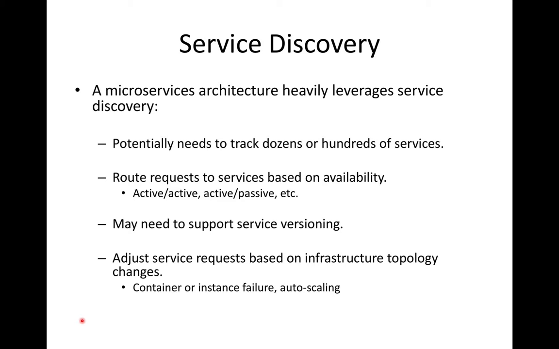And then finally, you might need to adjust service requests based upon topology changes in your infrastructure environment. You might have container hosts that are failing unexpectedly. You might have an auto scaling group in place, which is automatically scaling your infrastructure.